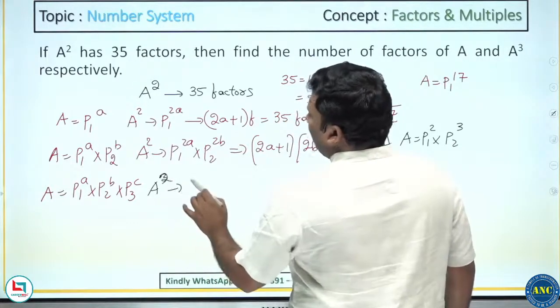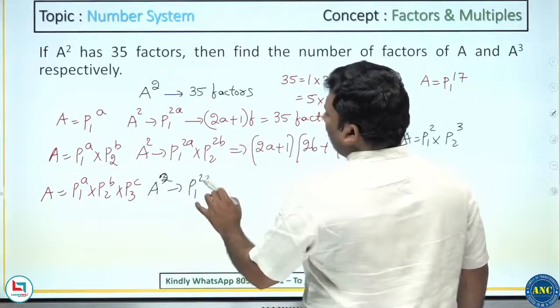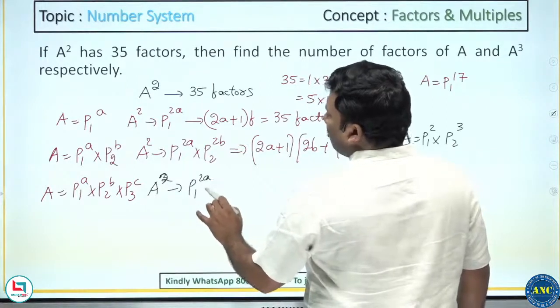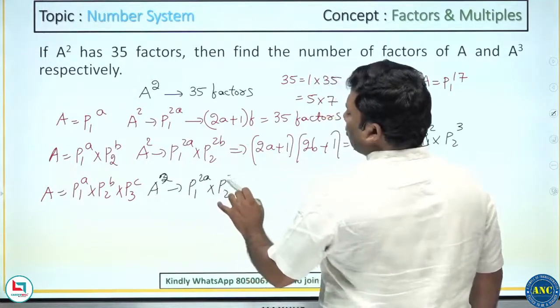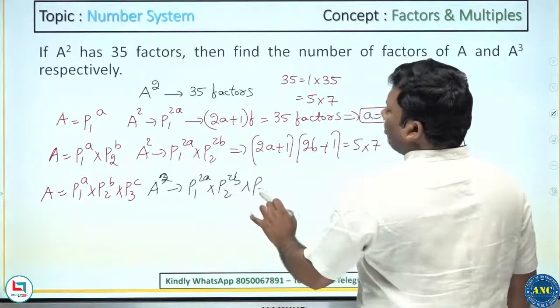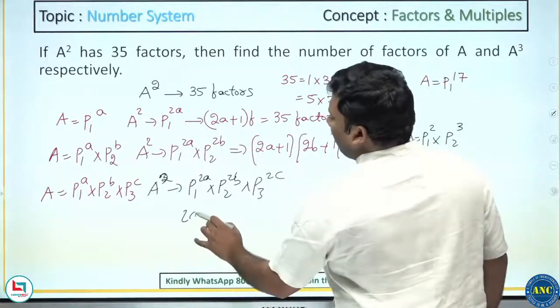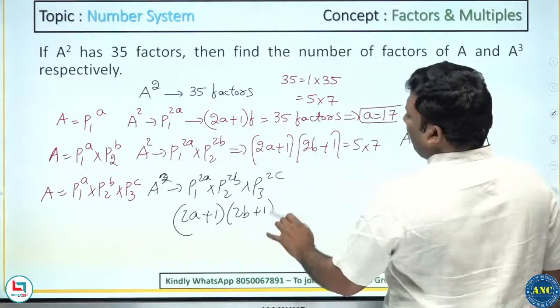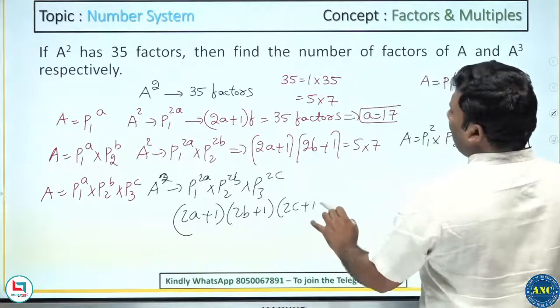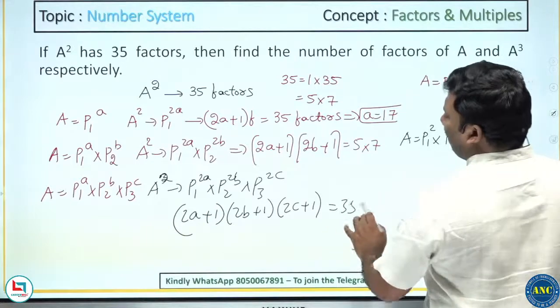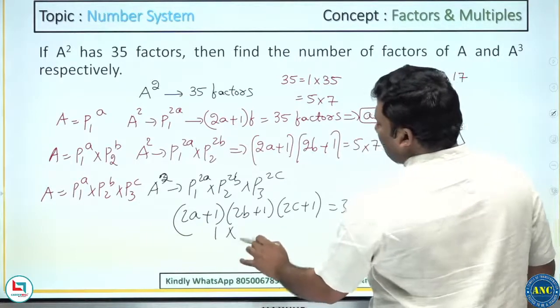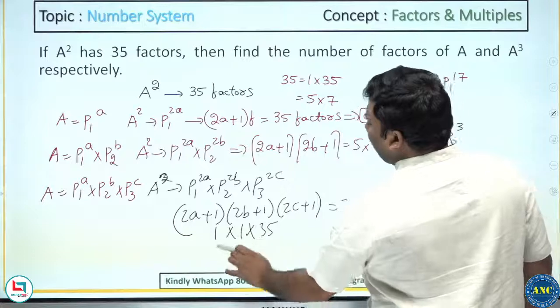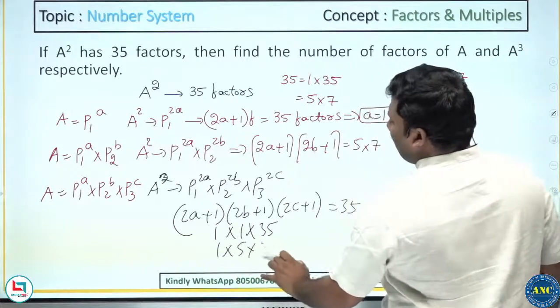A square will be P1 power 2a into P2 power 2b into P3 power 2c. Number of factors will be 2a plus 1, 2b plus 1, 2c plus 1, equivalent to 35. 35 is 1 into 1 into 35 or 1 into 5 into 7.